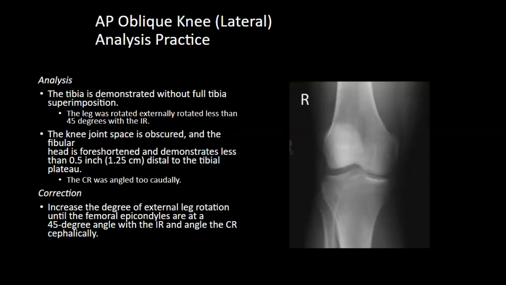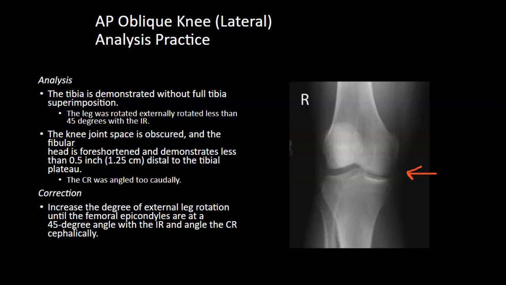So let's take a look at this practice analysis here for this lateral oblique. We got a few things wrong here. First, like I always say, you want to look at whether we have all our anatomic structures, and we do. Second, we want to determine whether this joint space is open. And the lateral joint space is open, but the medial is closed. So we have some central ray angulation problems.